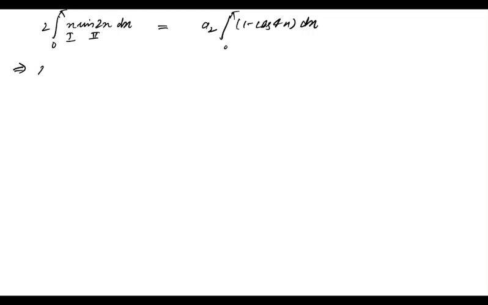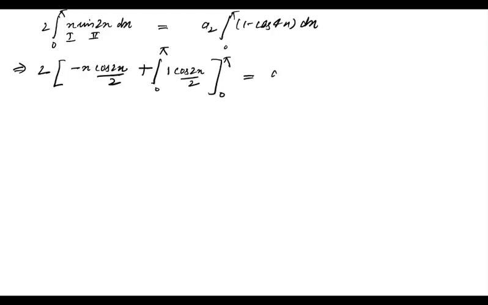What we'll get is 2 times minus x, integral of sine of 2x will give cos 2x by 2, minus sign will come, from 0 to pi. Differentiation of first function is 1, integral of second function is again minus cos 2x by 2, so this minus will become plus, cos 2x by 2, with limits. And right hand side will give us x minus the integral of cos 4x, which is sine of 4x by 4, with limits 0 to pi.